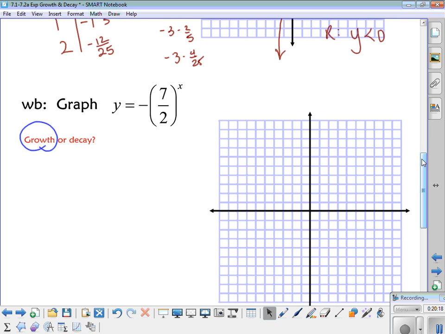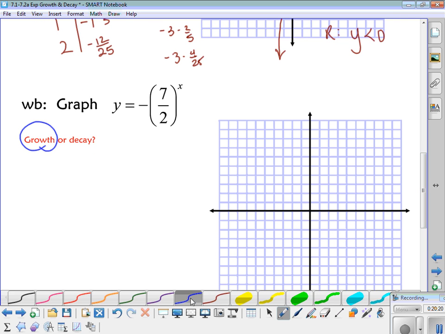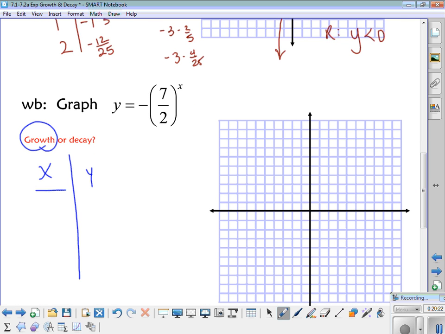All right, so we decided this was growth. And if we put in some points. All right, so if I put in a -1 for x, Anna, what's it going to end up being? -2/7. So we have to flip it over, but there's that negative out in front, so that's still there.